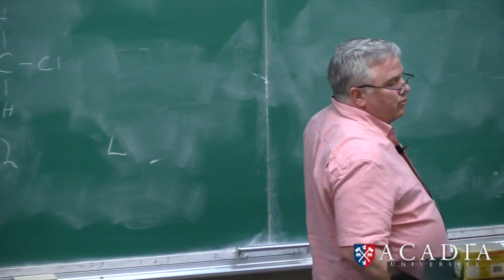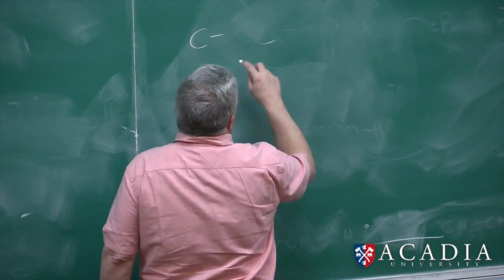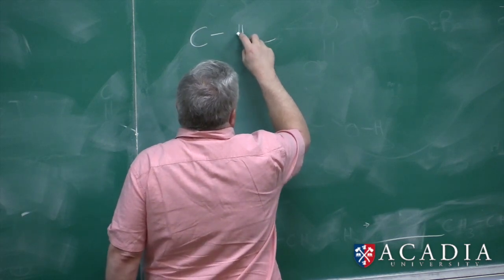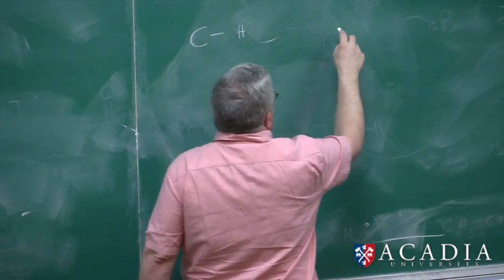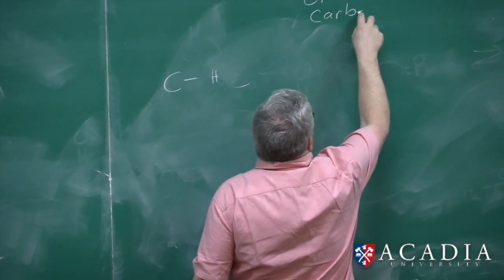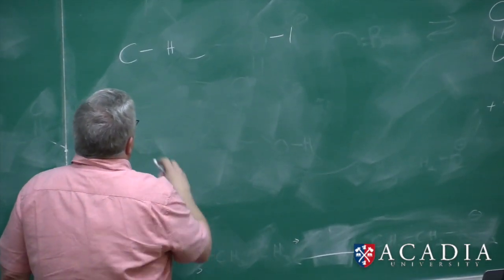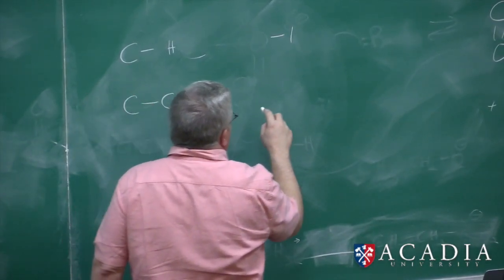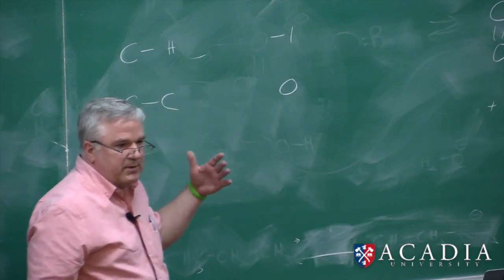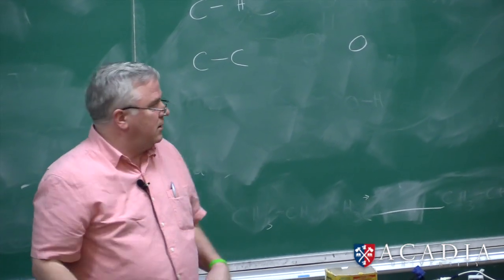So the way we count things up is, carbon to hydrogen, we always put -1 on carbon. If we have a carbon-carbon bond, it doesn't change, because obviously carbon and carbon have the same electronegativity.